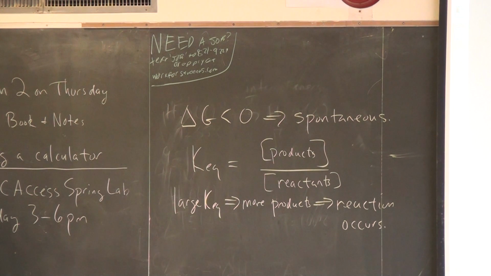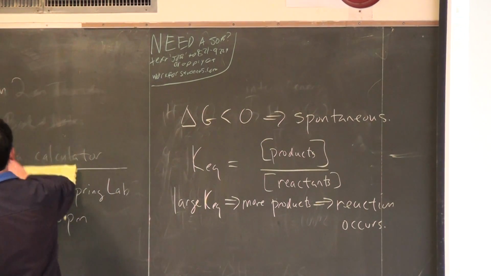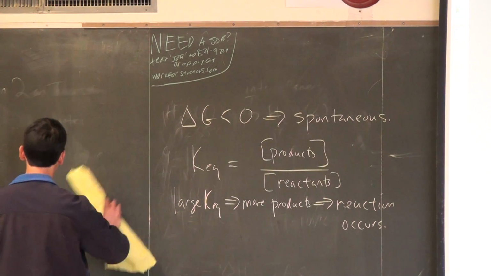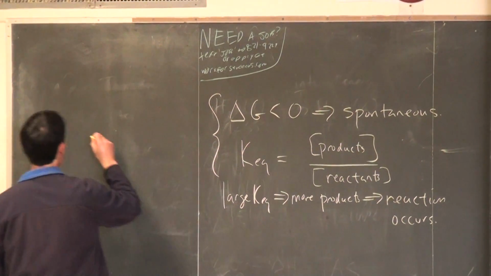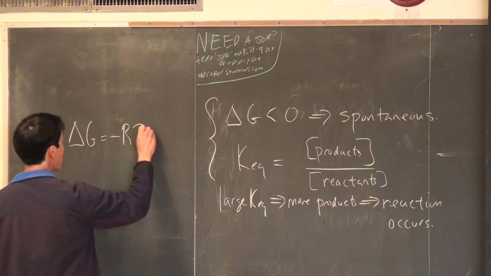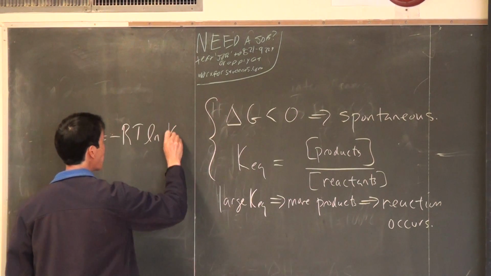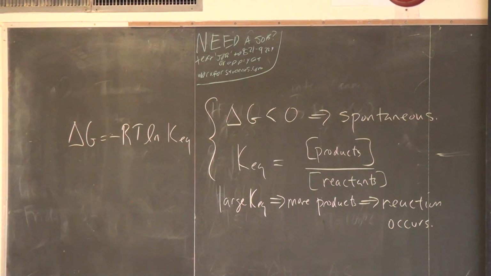So we didn't talk about this, but there is a relationship between delta G and KEQ. That relationship is this equation: delta G is equal to minus RT times the natural log of KEQ.